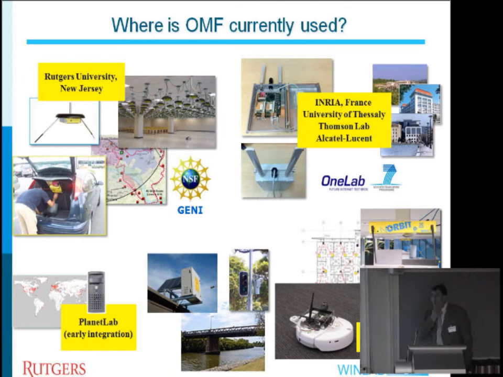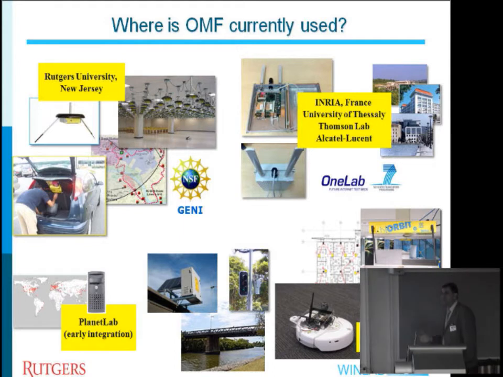As far as where the OMF is currently used, there are two obvious places, because we are doing this in strong collaboration with NICTA: what we call Orbit and Norbit. Norbit stands for NICTA Orbit. And then quite a few places in Europe are actually using OMF.